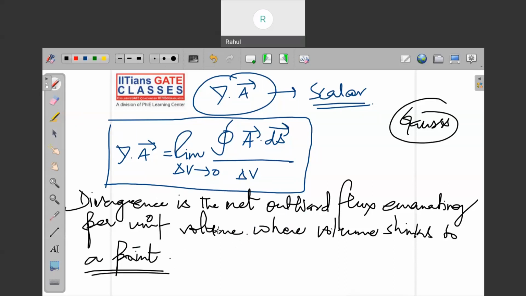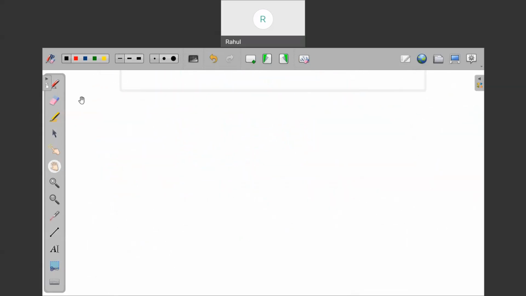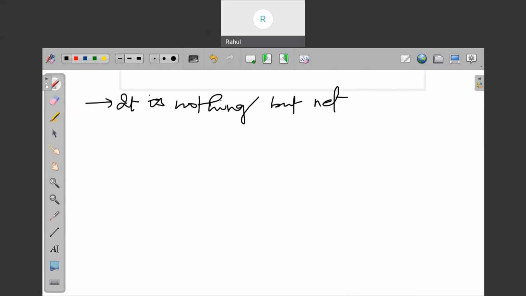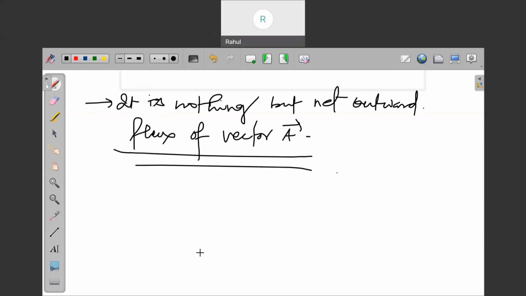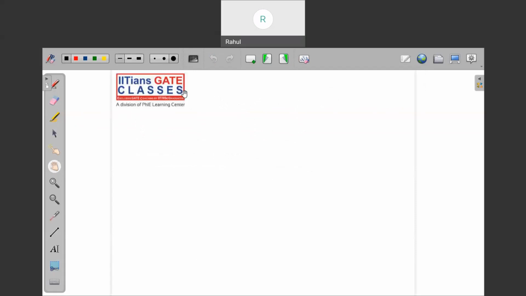It is nothing but the net outward flux of a vector A. So this is the definition.